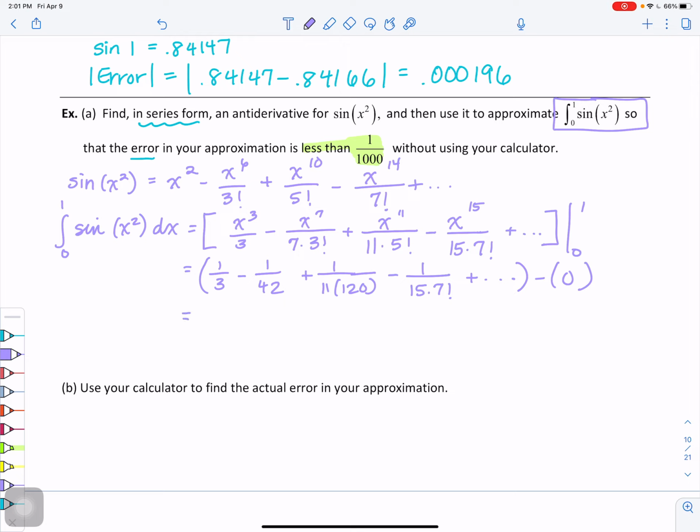And then let's take a look at this error. We have 1/3 minus 1 over 42. And if you notice, this denominator is definitely less than 1,000, okay? So we actually are going to cut it off right here. So this is equal to 13 over 42, okay?